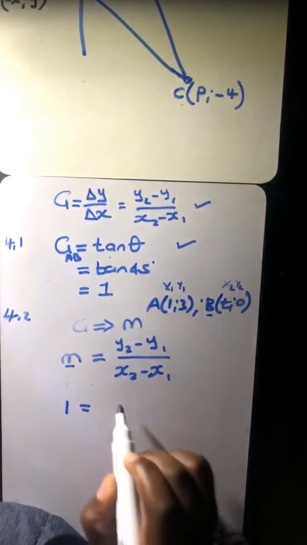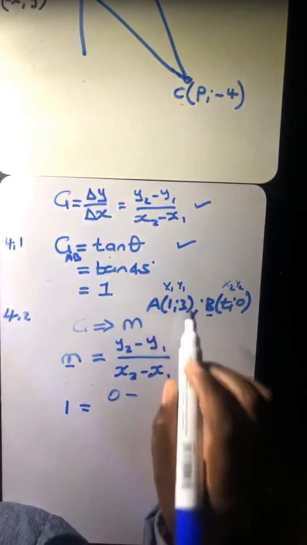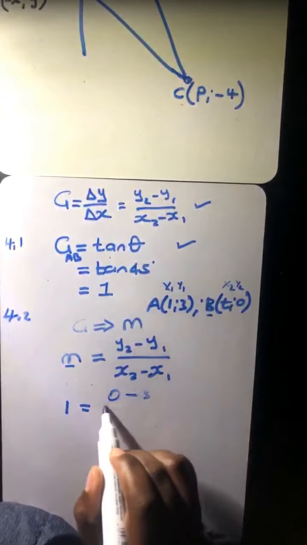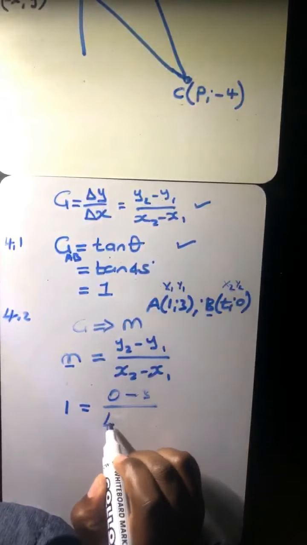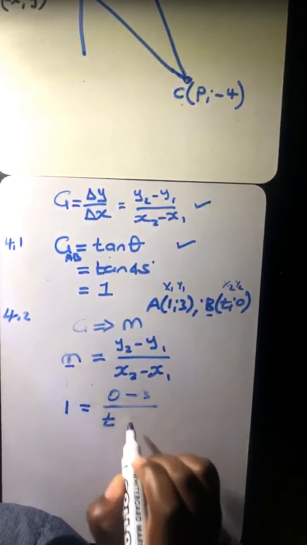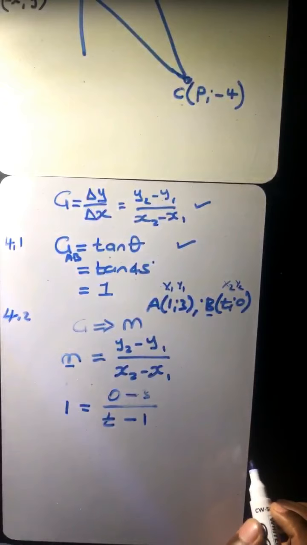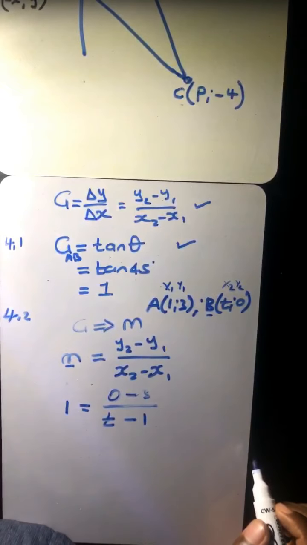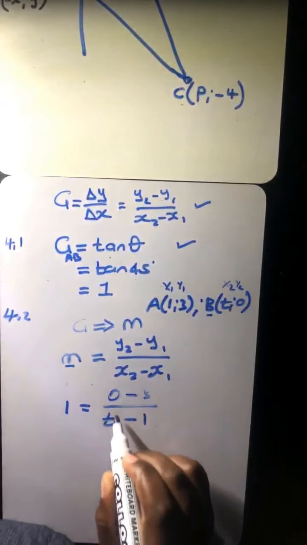What is y2? Obviously, it is 0, then minus y1, which is 3, over x2, which is represented by t, minus x1, which is 1 over there.